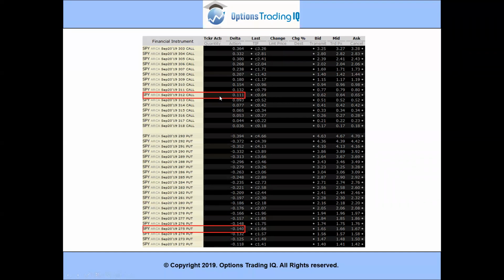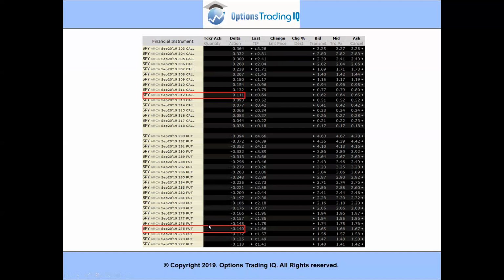Highlighted on the call side, September options, a 312 call, and it's got a delta of 0.11. We'd call that the 11 delta calls. It's not perfect, but roughly speaking, we've got an 11% chance that the S&P 500 is going to hit 312 by expiry, okay?